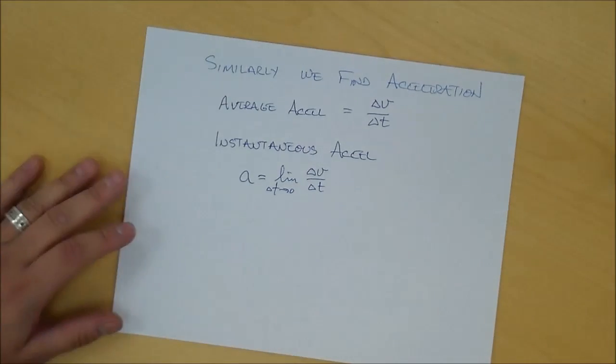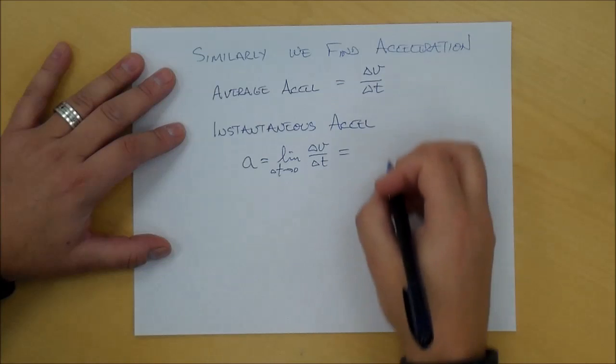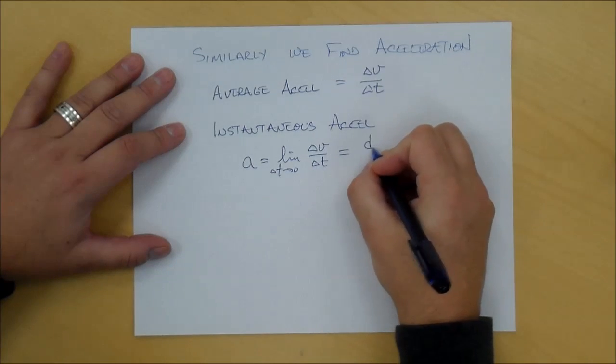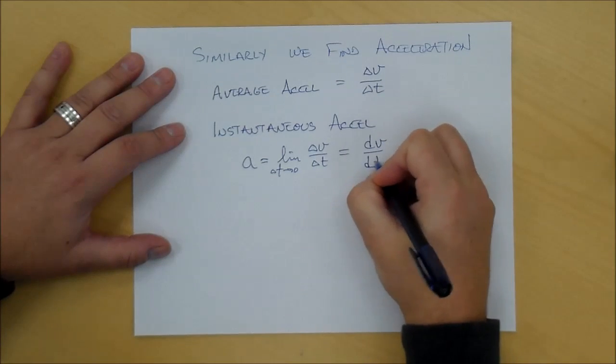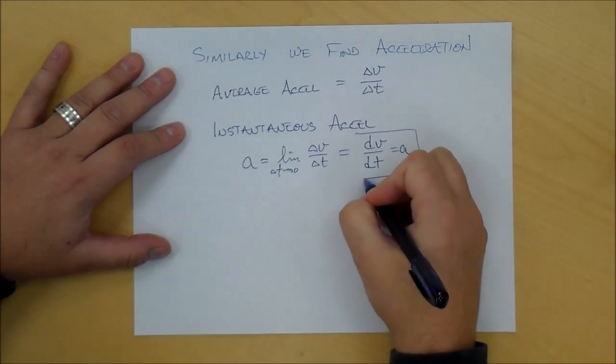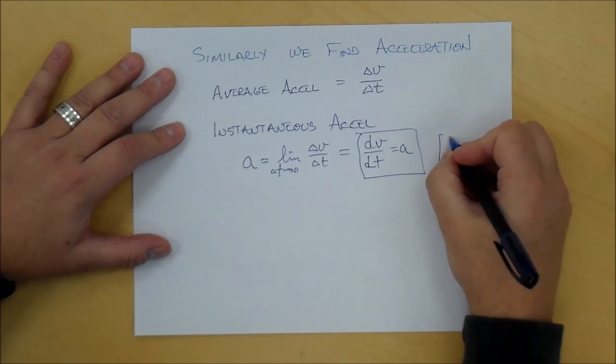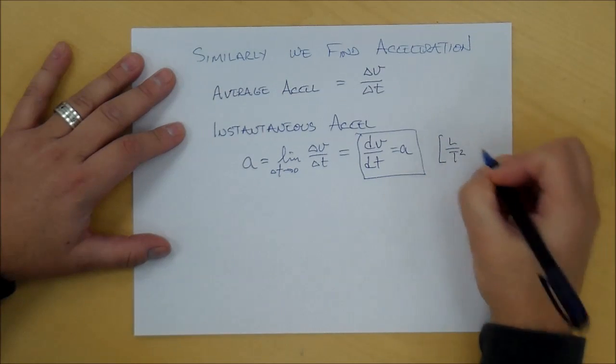And again, you'll probably recognize this from calculus as the definition of the derivative, so the acceleration is the derivative of velocity, dv dt. That's the instantaneous acceleration. And this will have units of length over time squared.